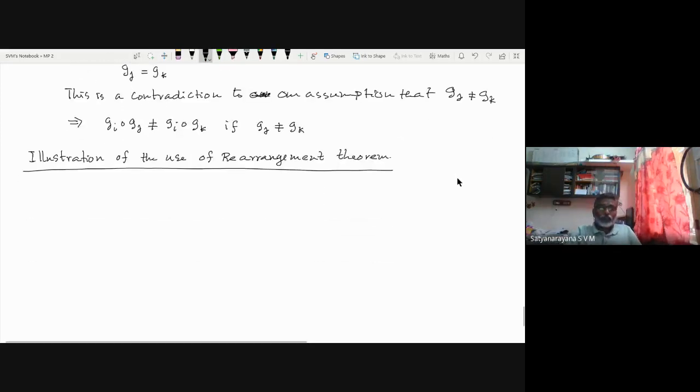So let us say, suppose we consider G to be just a singleton set, a single element set.